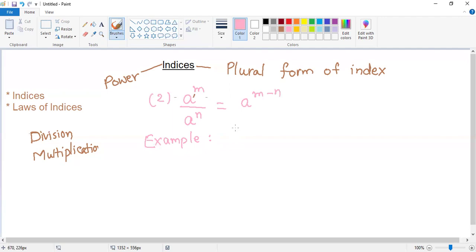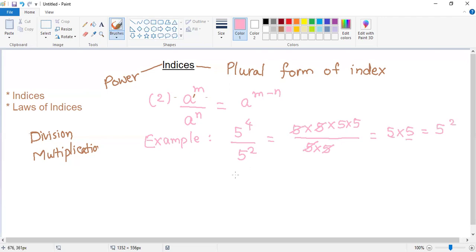If you have 5 power 4 over 5 power 2, then you see you have 5 power 4, so you can multiply this 4 times, and then you have 5 power 2, you will multiply this 2 times. So 2 of these 5s will be cancelled out, and then you will be remaining with 5 times 5. So you have 2 5s. So this will be 5 power 2.